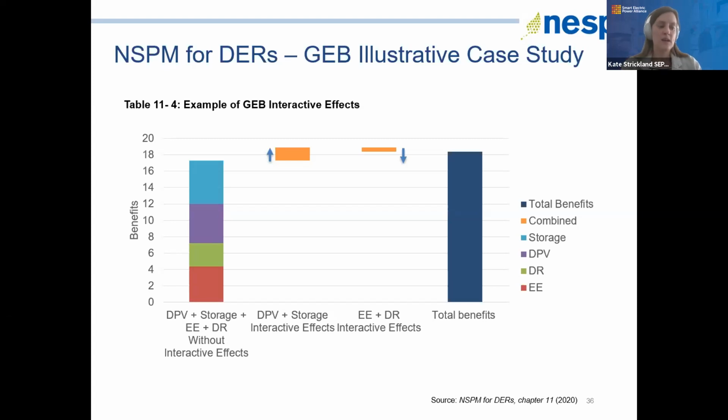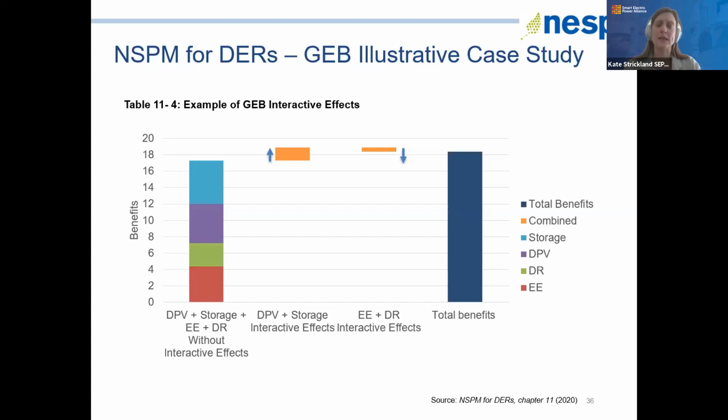Because we are accounting for interactive effects, we are seeing an increase in benefits. It is important to note, however, that interactive effects can enhance or reduce benefits depending on the particular pairing.